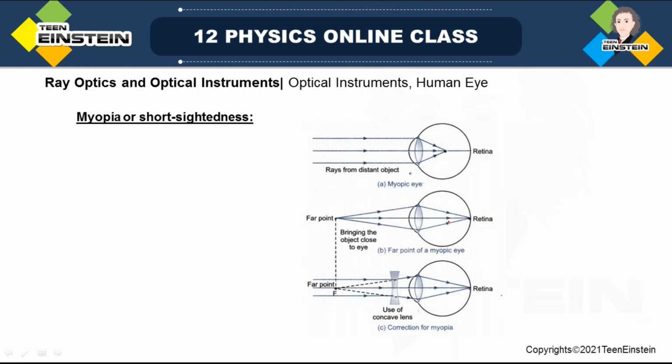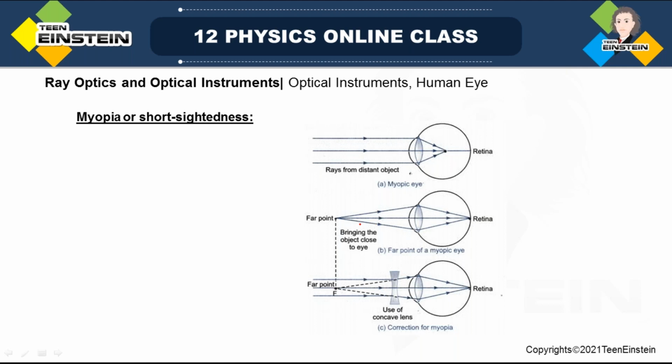So the image of the object has to be formed at the retina itself. But myopic eyes cannot do that. You can see from here, a myopic eye can do it from the near point.